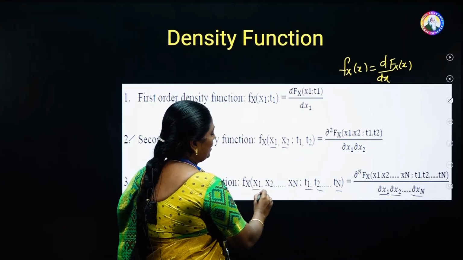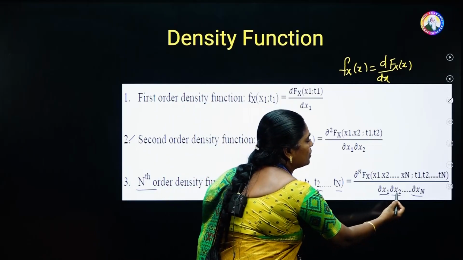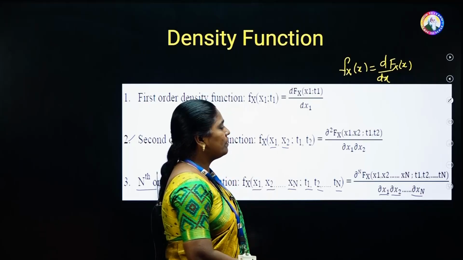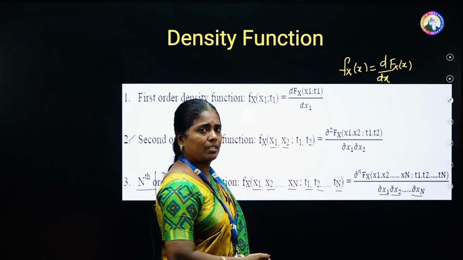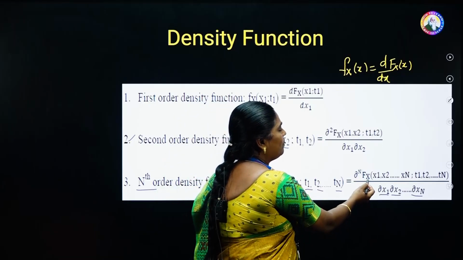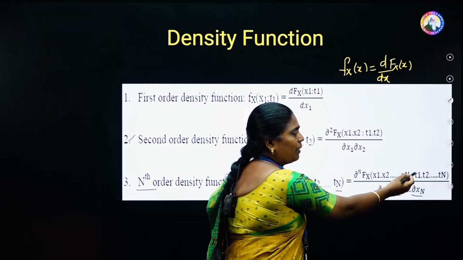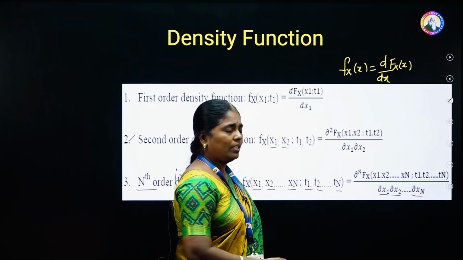Here x1, x2, ..., xn are there. So that's why here also we are going to get ∂x1, ∂x2, ..., ∂xn of the nth order distribution function, that is capital F_X(x1, x2, ..., xn; t1, t2, ..., tn).